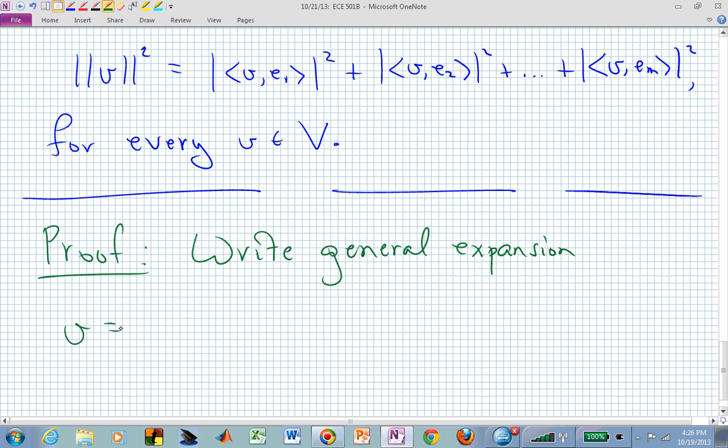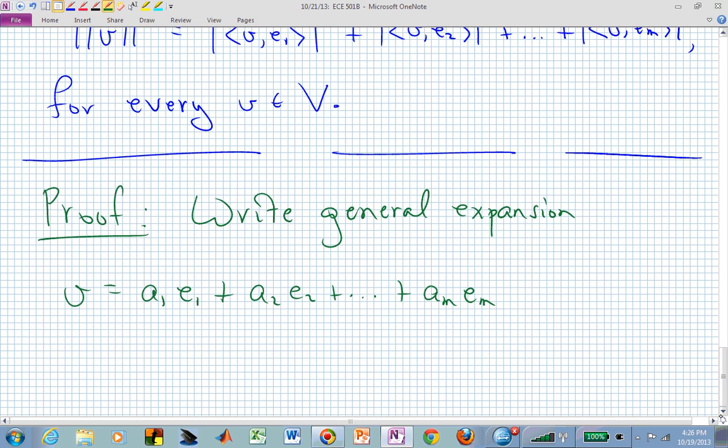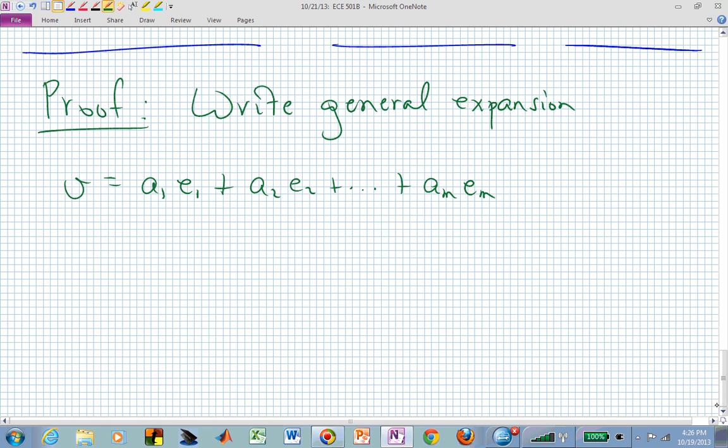We're used to writing v as a linear combination of basis vectors, which we called a sub 1, a sub 2, up to a sub m, where we have m basis vectors, e1 through e sub m. Now that we have v decomposed in terms of these vectors, let's form the inner product of v with each of these orthonormal basis vectors individually.